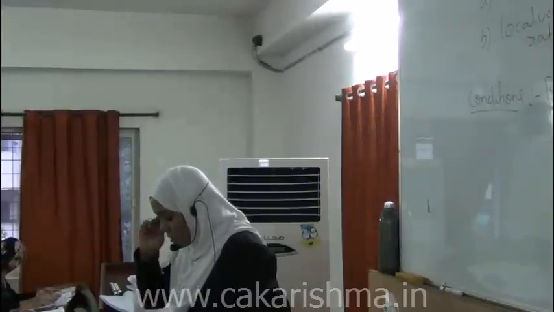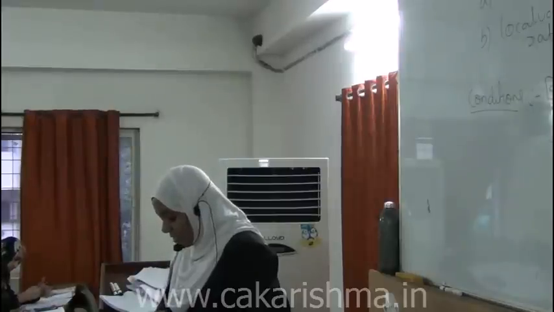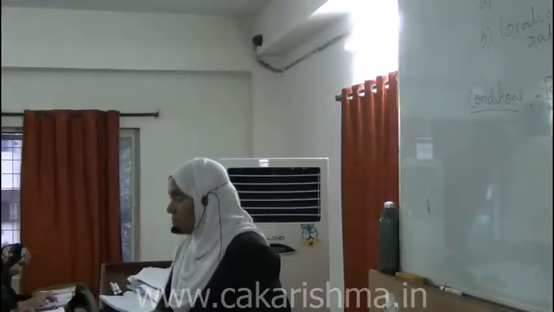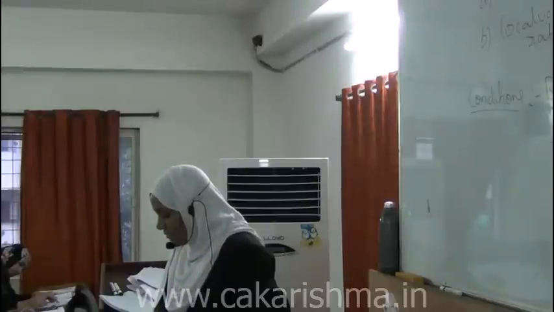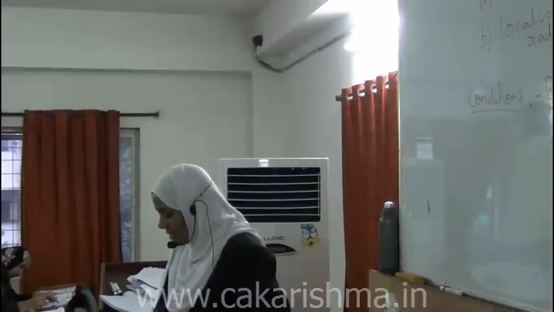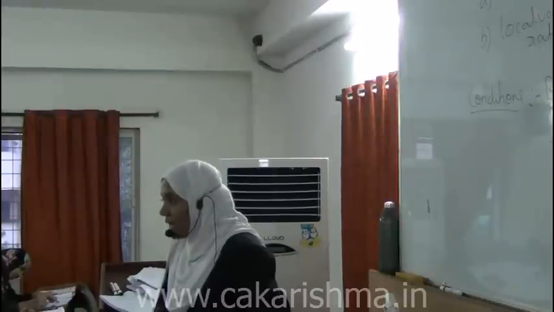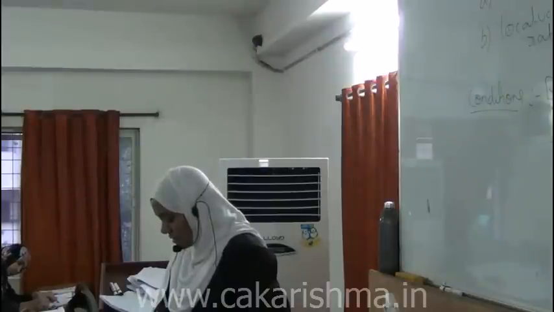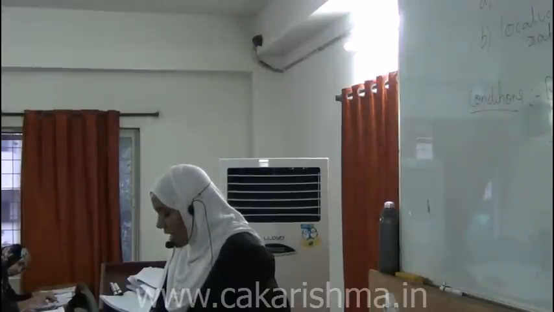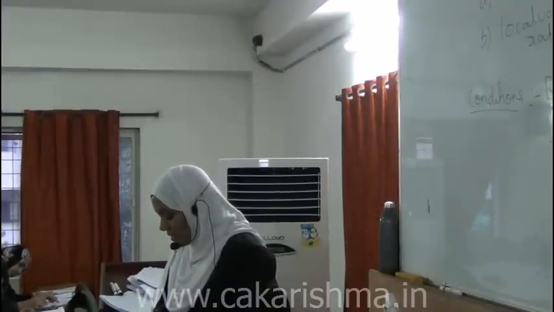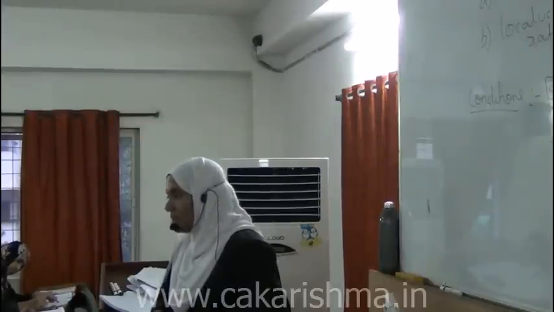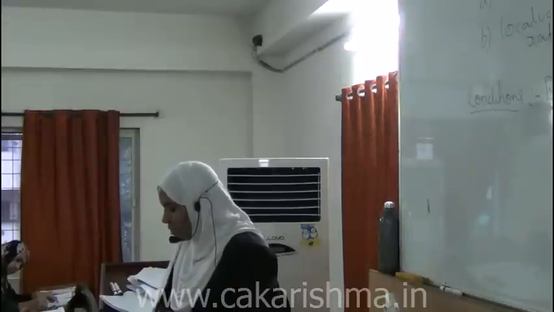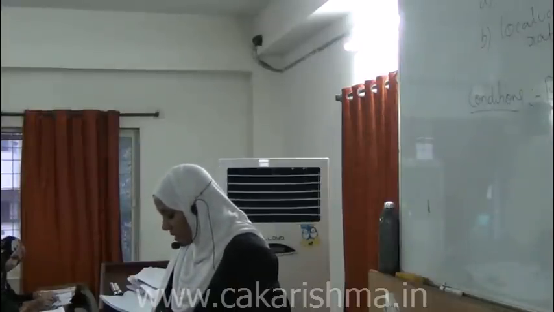Inclusions: any sum charged for anything done by the dealer at the time or before delivery. So before delivering the goods or at the time of delivering the goods, we have charged something.